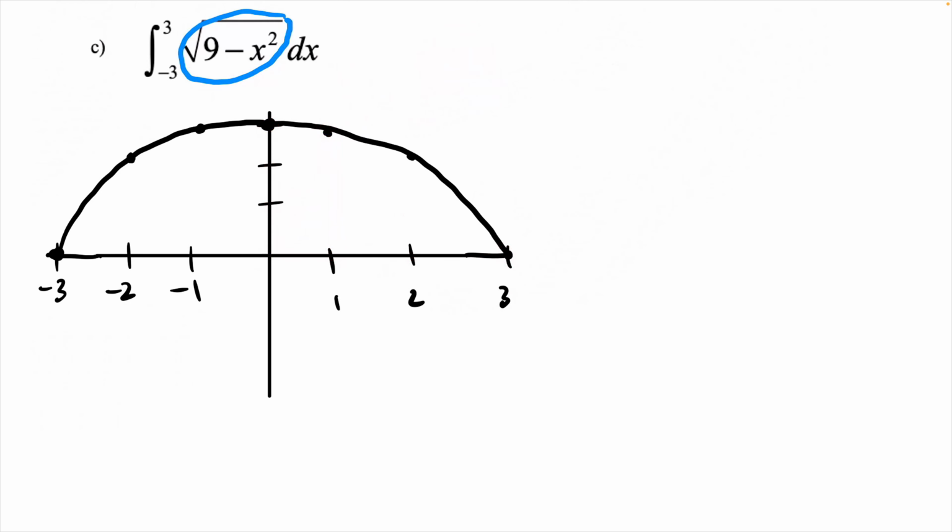So we're finding area under the curve. It's a half circle. What is the formula for the area of a half circle? The area of a full circle is pi times r squared, right?